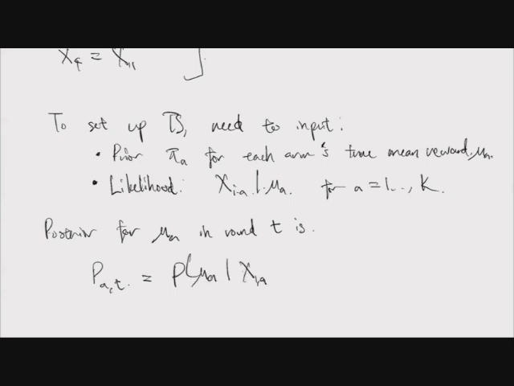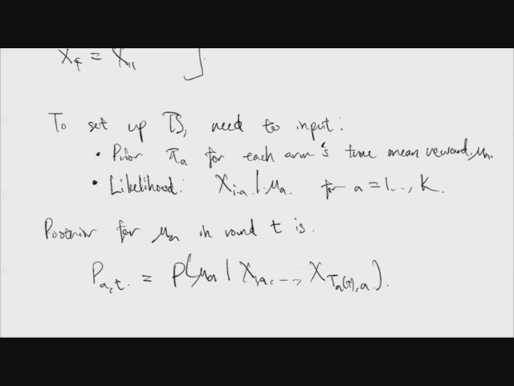As a posterior, we need to condition on all of the data we observed so far. We usually assume that all the means for the different arms are independent, so we just need to condition on the rewards that we observe for that arm, which is going to be X1 sub A to X T sub A t A.